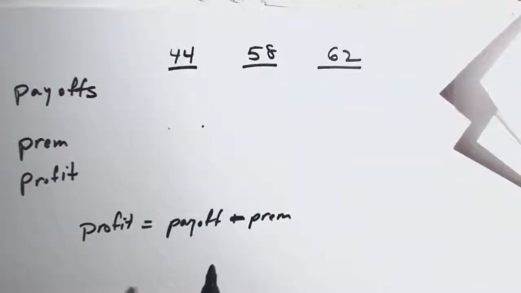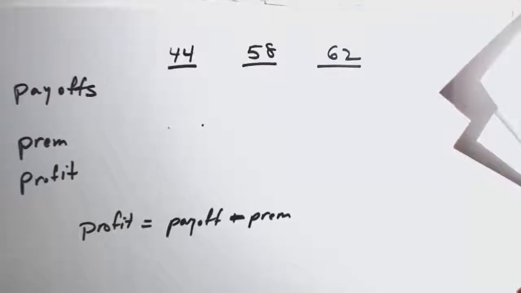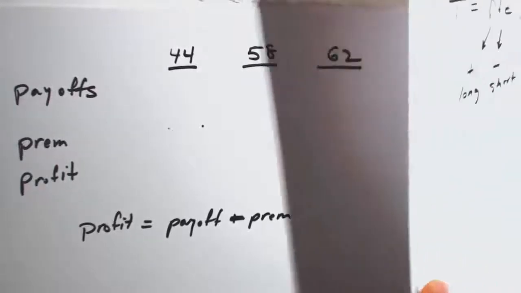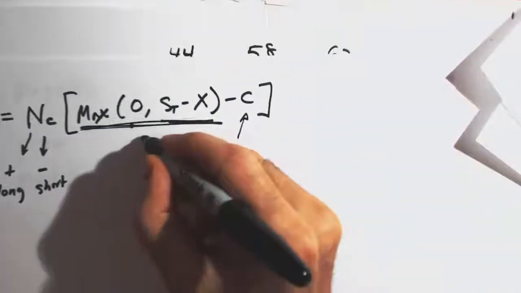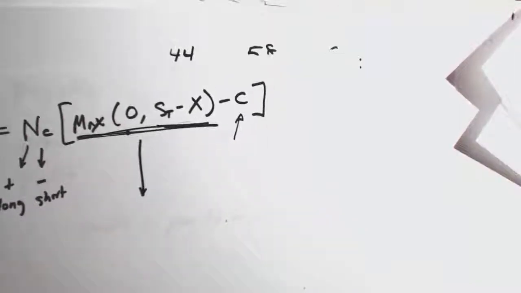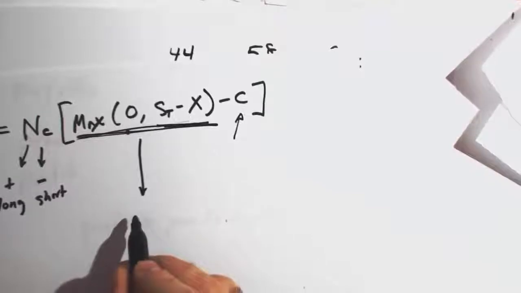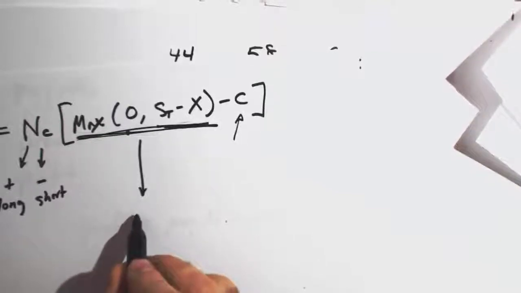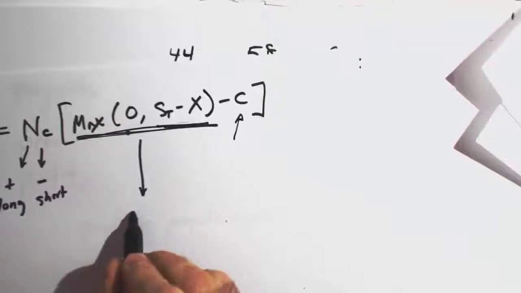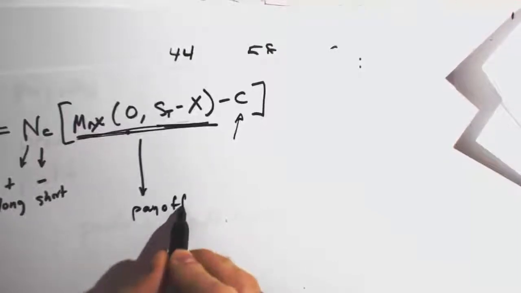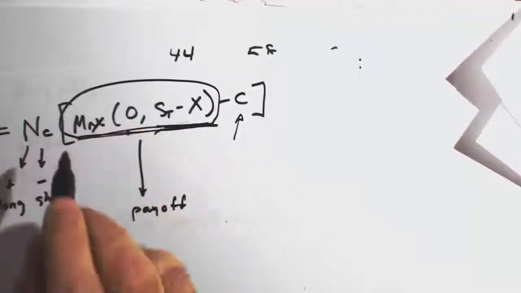The way to look at this, by the way, now let me bring this back a second, is I like to lay it out a little more clearly. This part is the payoff right here.